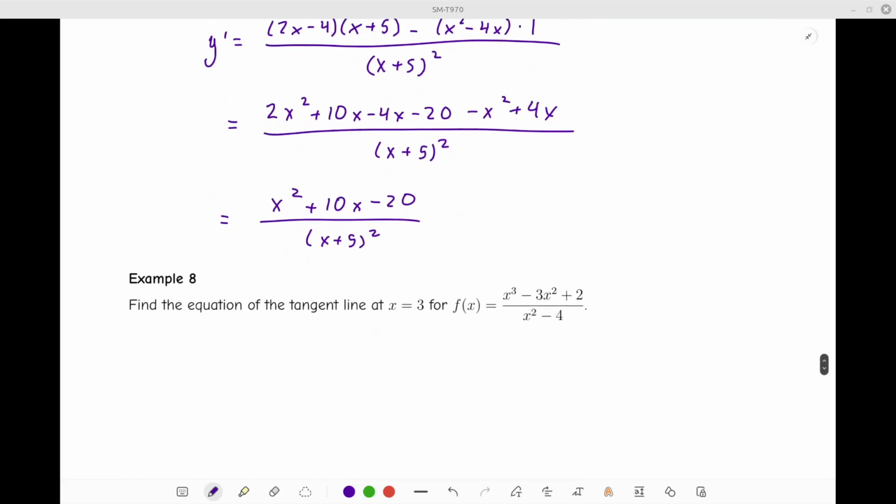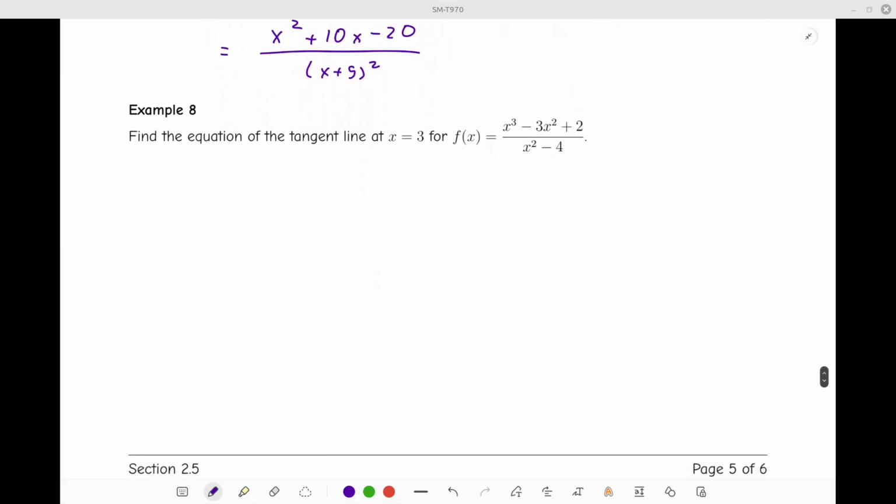Example 8. Find the equation of the tangent line at x equals 3 for f of x equals this. So again, because it says tangent line, we are thinking y minus y1 equals m times x minus x1. Well, x is 3, so to find y, I just go f of 3, which is 27 minus 27 plus 2, all over 9 minus 4, which is 2 over 5.